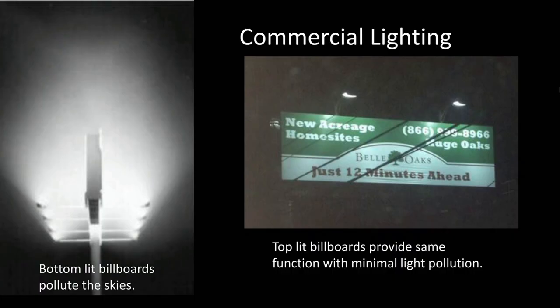So this example for the billboard, normally you just see billboards lit from the bottom, and that does a good job of showing the text on the billboard, but then the light's either bouncing off of the billboard and going into the sky or just going straight into the sky. So you're making the skies much brighter unnecessarily. Because you could also just have your lights on top pointing down. You still get the same brightness on your sign, but you're not polluting the skies with extra light.